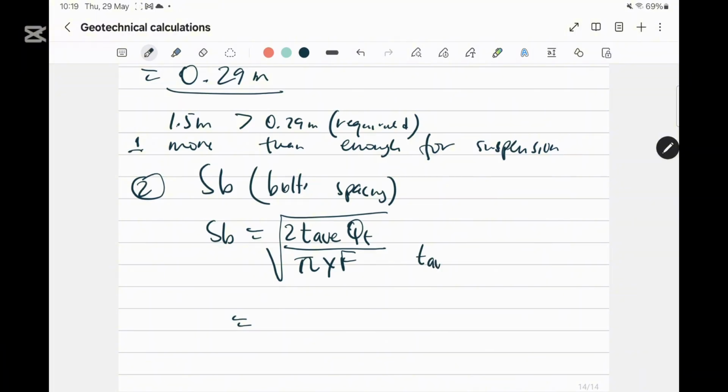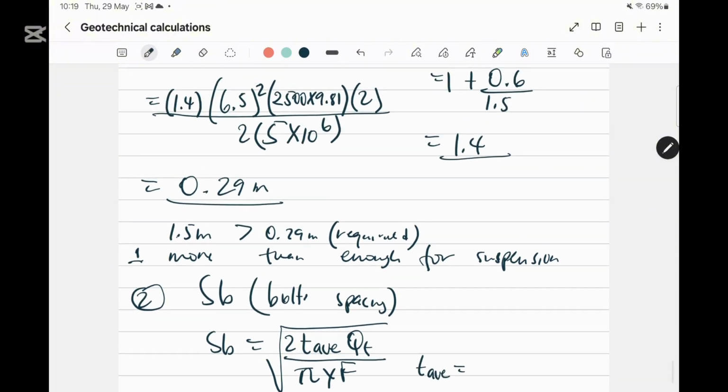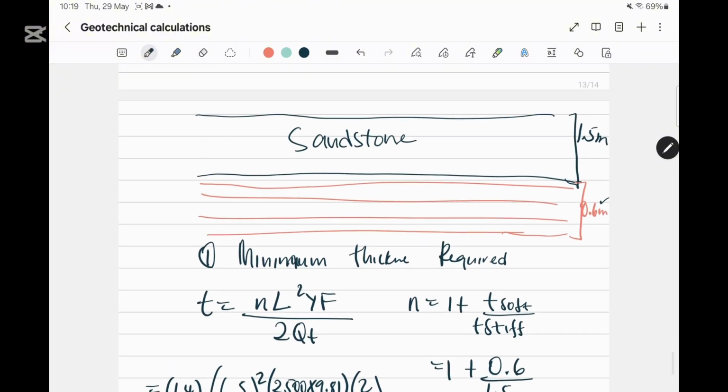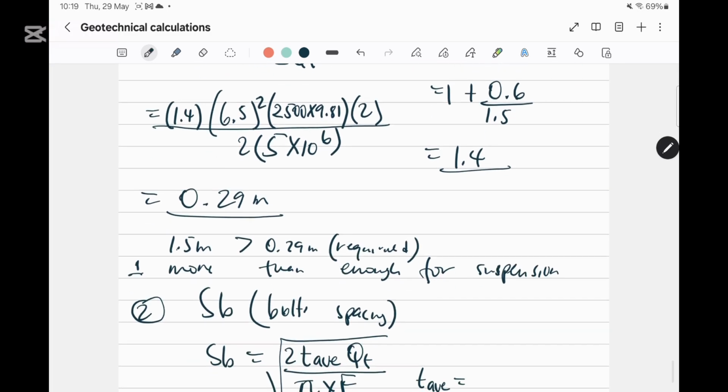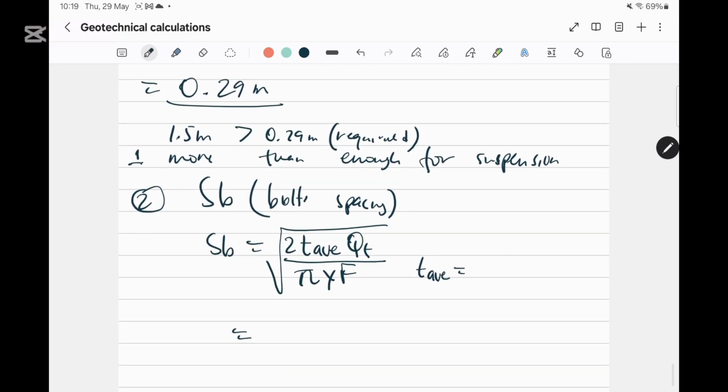So to find T average, you're just going to add those layers one by one. But it's for the soft rock. T average is for the soft rock. Let me just write it. TA, for the laminated rock, the soft one, equals. For the soft rock, they told us that we have 15 centimeters, which is 0.15.